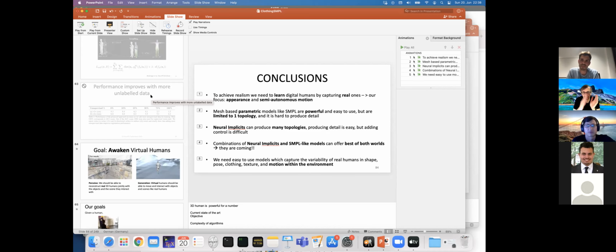I think it's interesting how there's a parallel in the implicit world to what's happened in the classical one: you have a canonical pose, you model shape in that pose space, and then you model pose-dependent deformations from that. It sort of parallels what we've done in the mesh-based way.